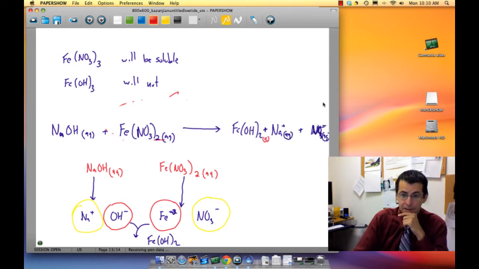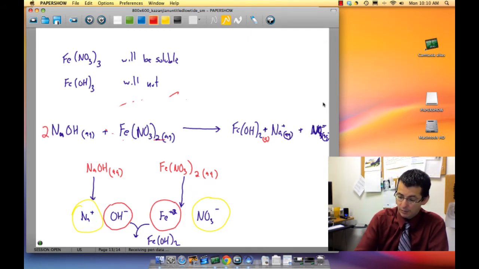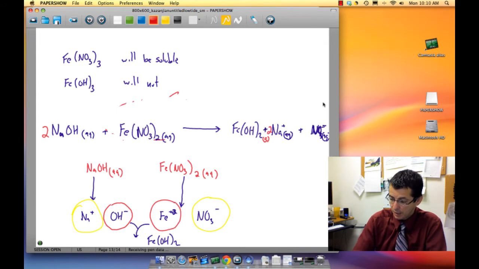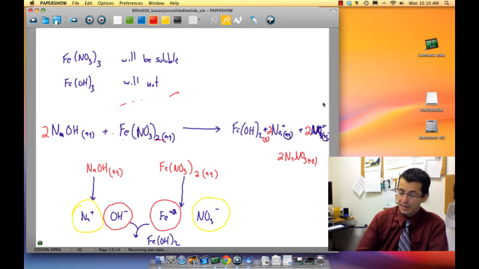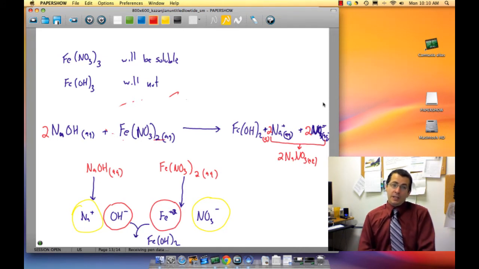Now, this iron hydroxide precipitates out as a solid, everything else remains in solution. This is an unbalanced equation, so if we balance it, we get 2 sodium hydroxides, 2 NaNO3. We could also simplify this as 2 NaNO3 aqueous, though we may not want to. This is our molecular equation.